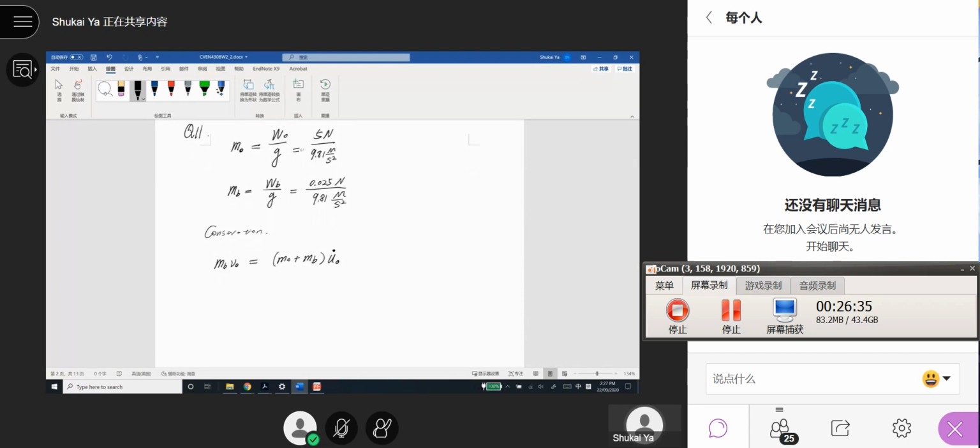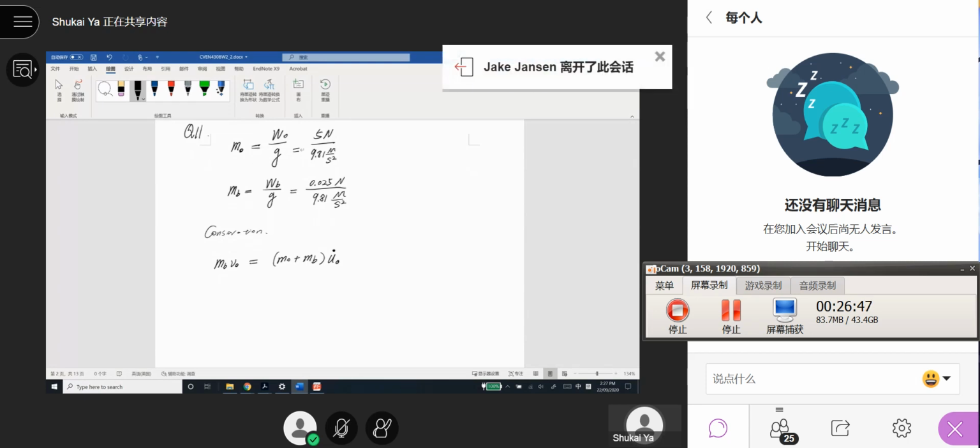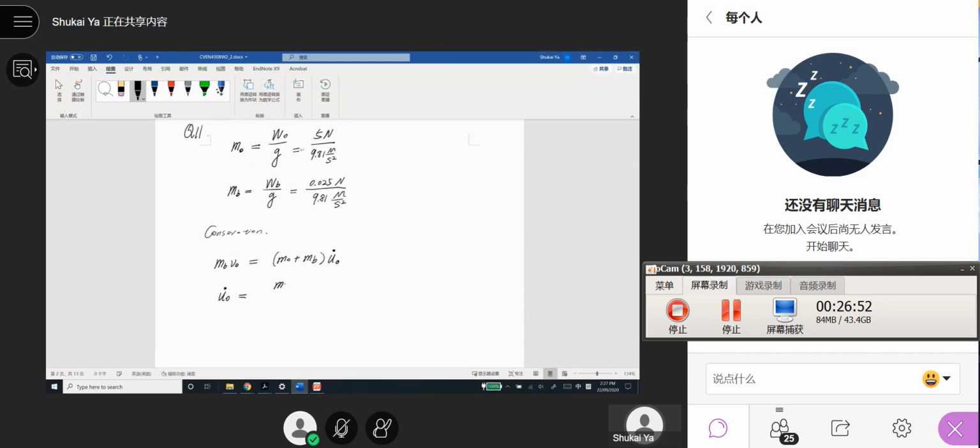Because of this bullet shooting on that, it will provide the whole system one initial velocity. The initial velocity is u0 dot. So u0 dot should be equal to MB divided by M0 plus MB times V0, which is 0.025 divided by 5.025 times 20.